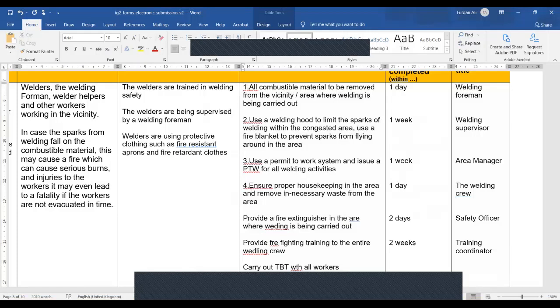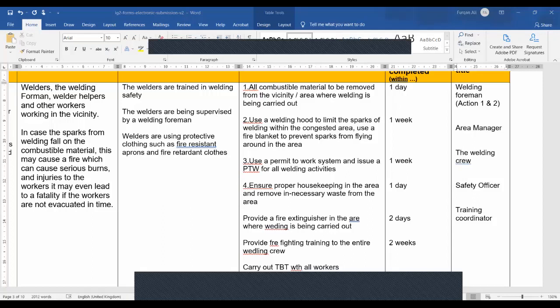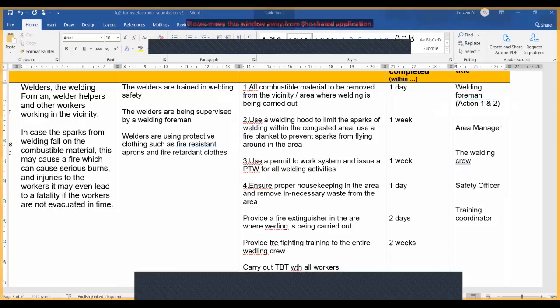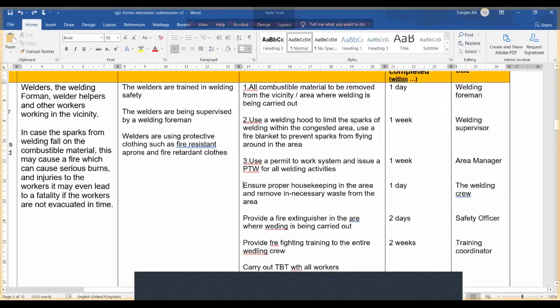So you can do numbering of these actions, and instead of mentioning the welding supervisor again, we will say welding foreman, action 1 and 2. So now we can see that the welding foreman will do action number 1 and action number 2. Similarly, you can write with the other areas as well. You can mention one person to carry out 2, 3 actions. It doesn't matter, but the best way is to do it like I did it earlier.